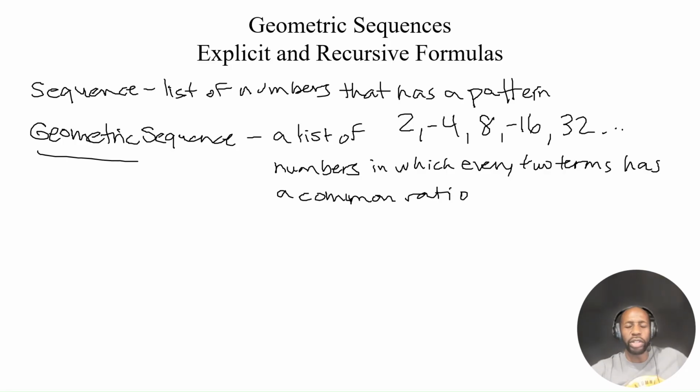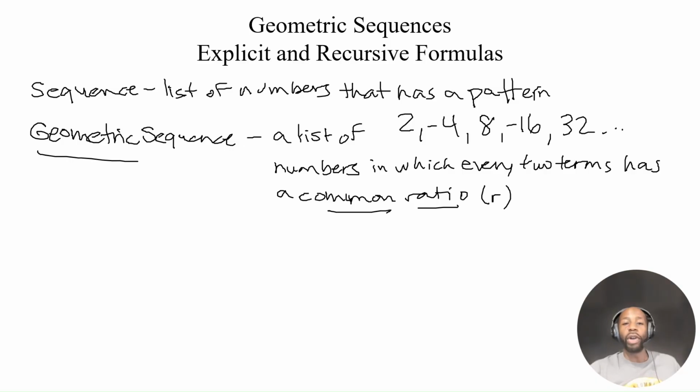I don't like my definition too much there, but it's okay. And we usually denote common ratio as R. So what I mean is it's a common ratio that allows you to get from one term to the next. To get from 2 to -4, we multiply by -2. And it's the same to get from -4 to 8, you multiply by -2, and so on and so forth. That is what's called your common ratio.